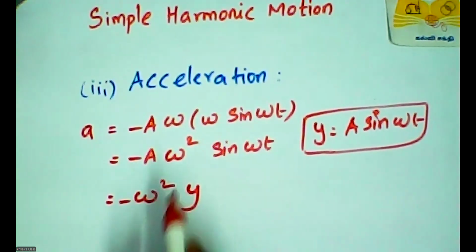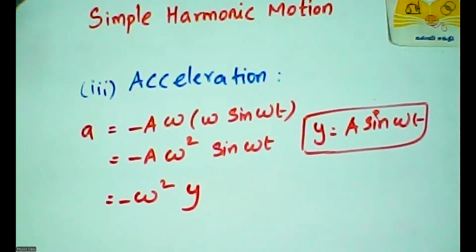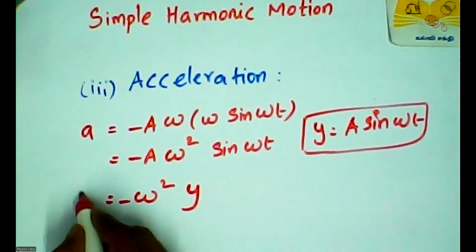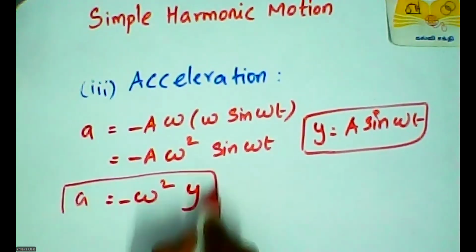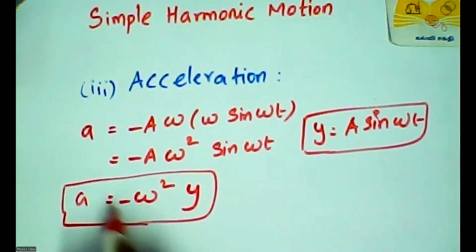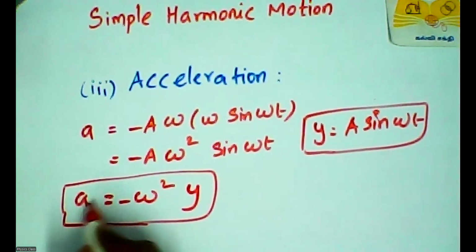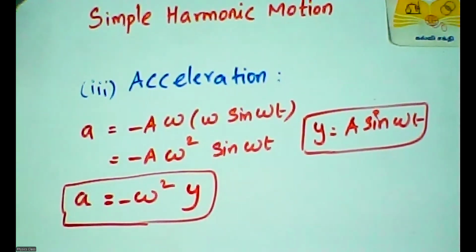So here also one term is there, that is a sine omega t, so we can replace it as y. So now a is equal to minus omega square into y. Arrived.